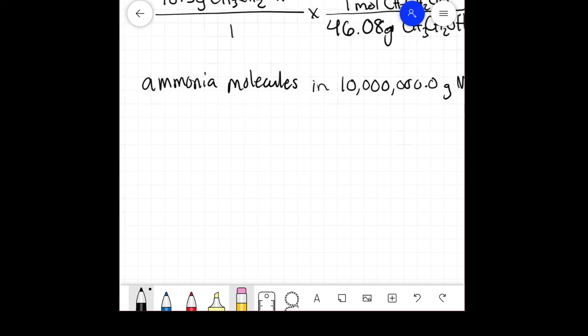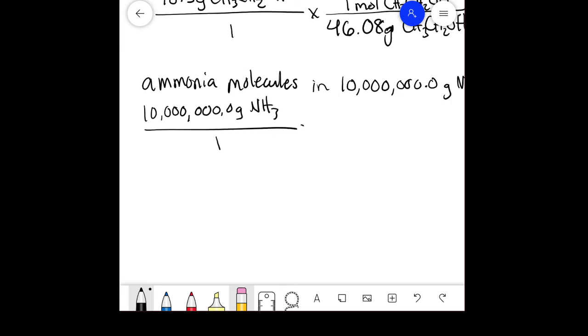So again, start with your given, which is this very long number. I didn't choose a good sample. Start with that.